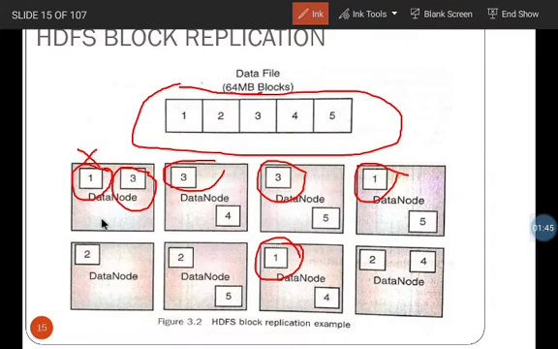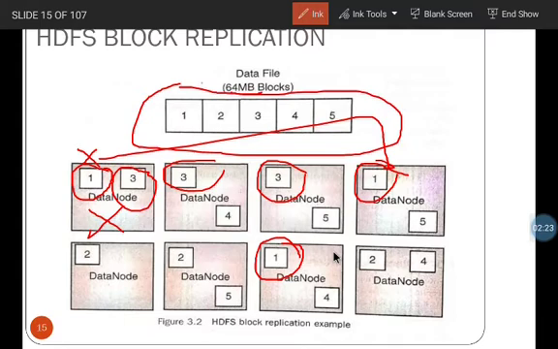The name node will contact the other data nodes, because this data node is not working due to some malfunction or system failure. So that data node is not available in the distributed network. In that case, we can get the data again from 2 places, from this data node as well as this one. This is how reliability is maintained in HDFS.